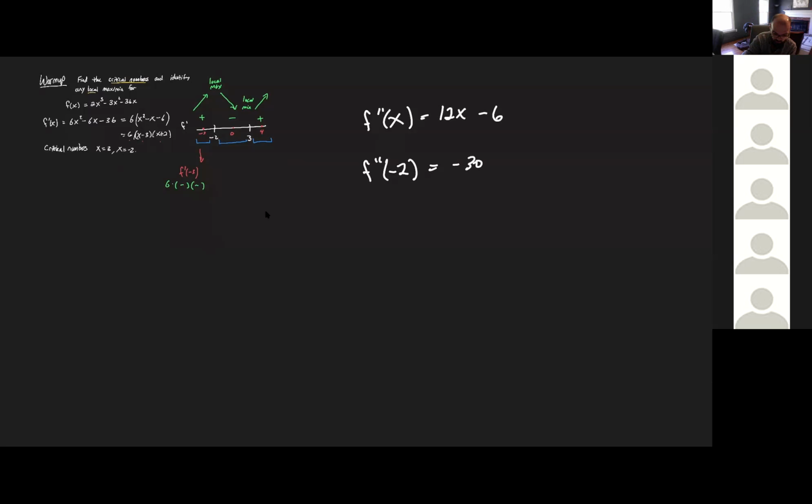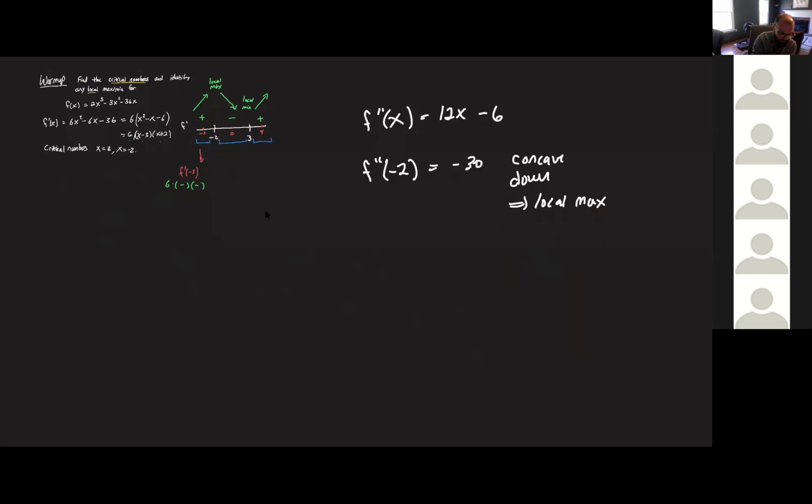So our graph here is concave down, which implies that we have a local max. So with one numerical check, instead of plugging in two different values, we're able to come to the same conclusion that we do have a local max at -2.